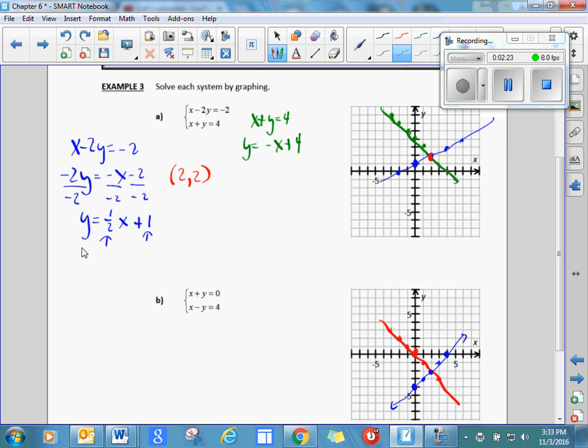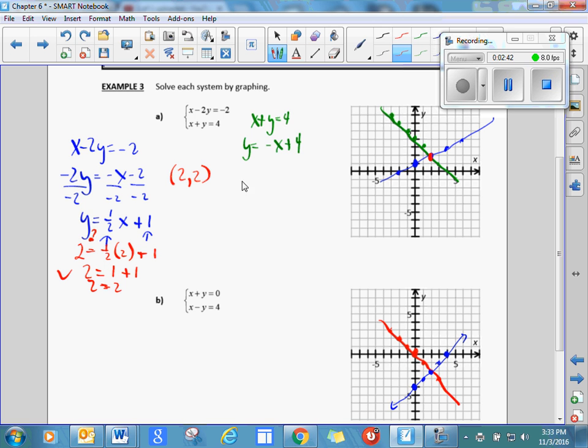So we've got to plug it in both of our equations and say, 2, is that really equal to 1/2 times 2 plus 1? So half of 2 is 1, plus another 1. Yep, it works just fine in that equation.